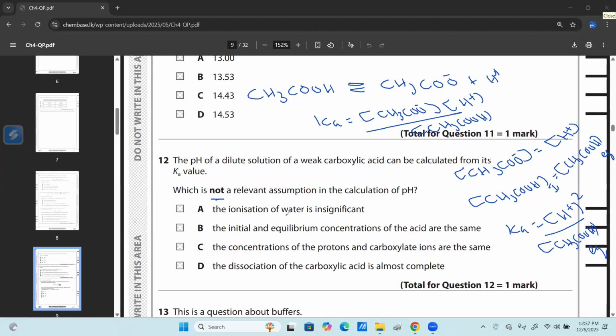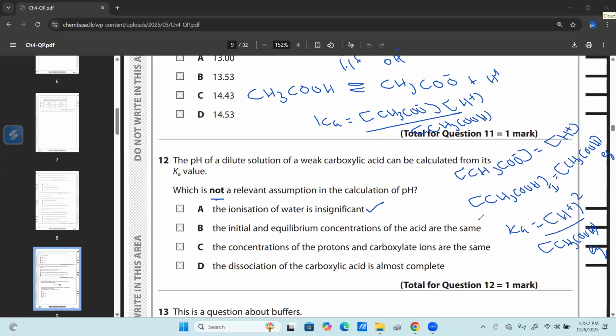The ionization of water is insignificant. That is correct because in this we can assume that water will also ionize as H plus and OH minus, so that also should be included. But we are assuming that it is insignificant.